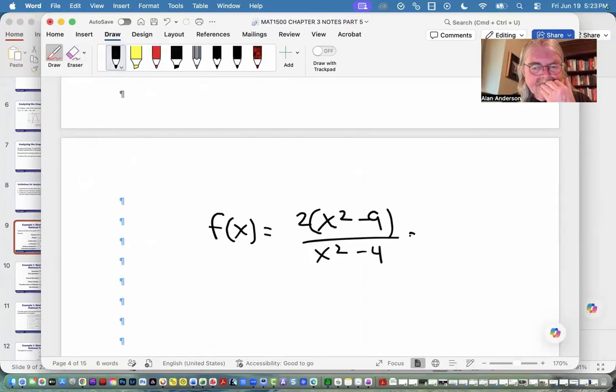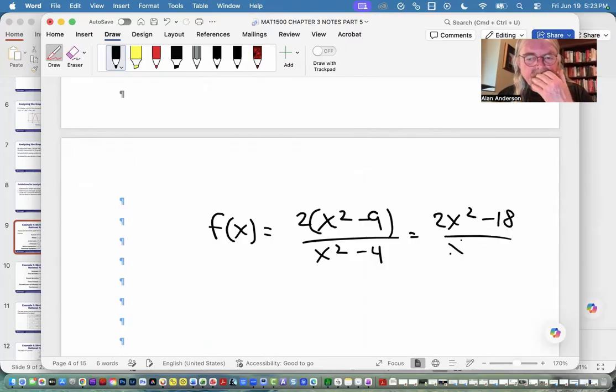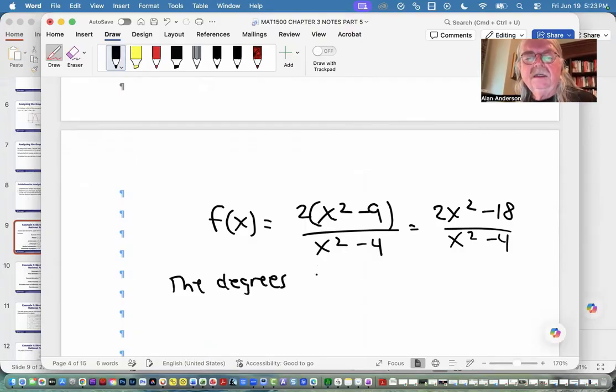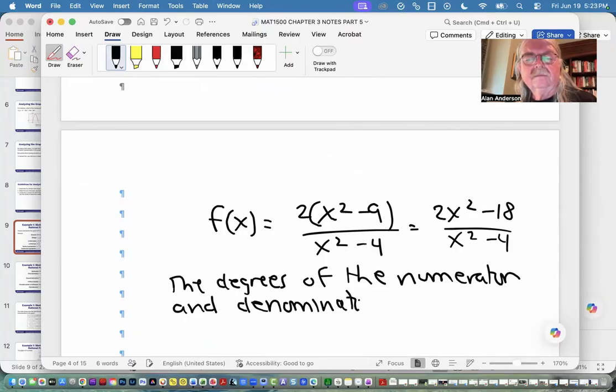And since this is really 2x squared minus 18, you might remember the second case, where the degrees of the numerator and the denominator are equal, because they're both second degree polynomials.